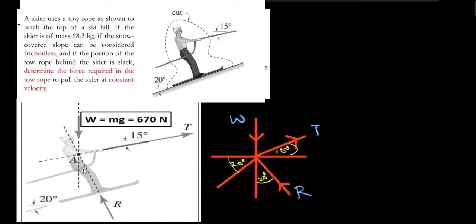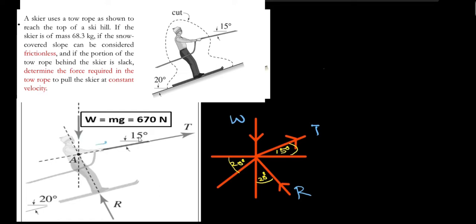One thing you should know is that the normal force always acts perpendicular to the plane, at an angle of 90 degrees to the plane. And the weight force always acts in the negative y-axis direction, because it is pointing down.